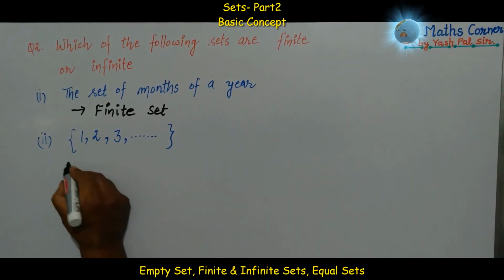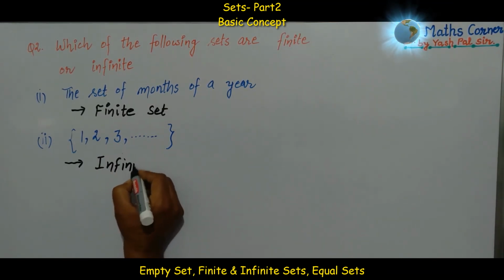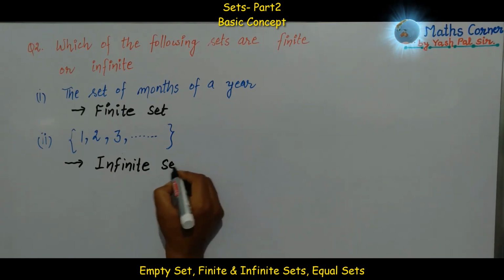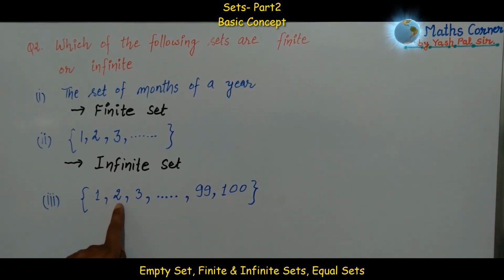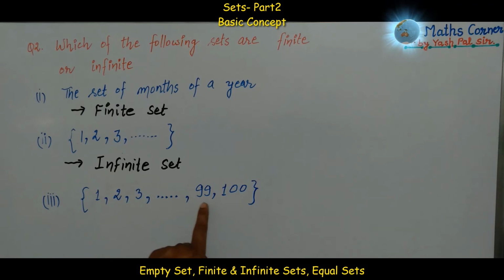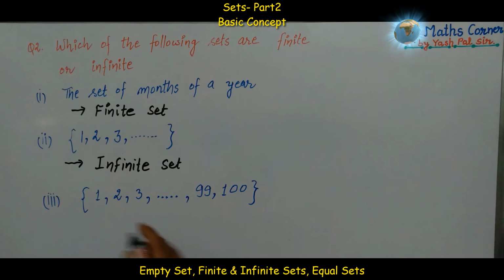That is, we say here infinite set. Next is the collection 1, 2, 3 and so on up to 99, 100. This is again a collection of natural numbers, from 1 up to 100, which is a finite set.